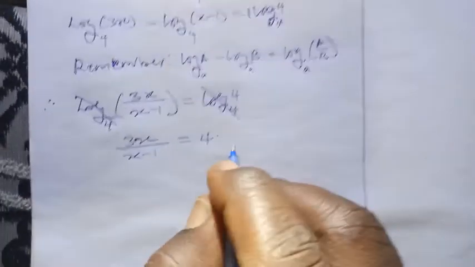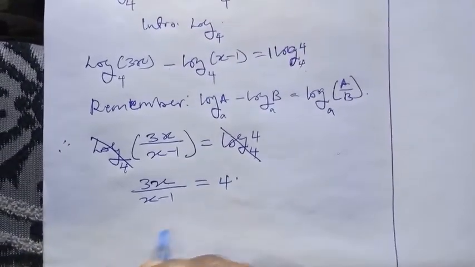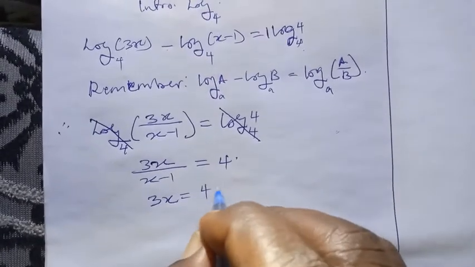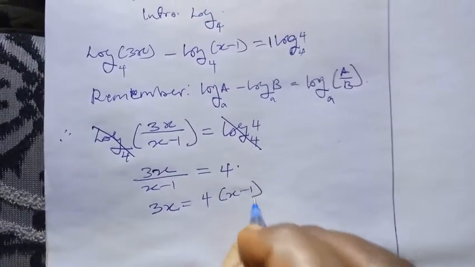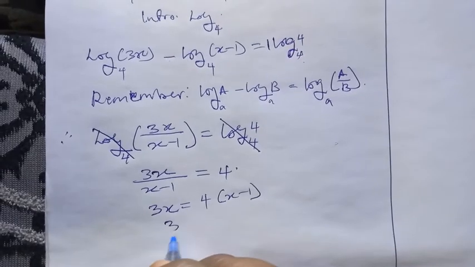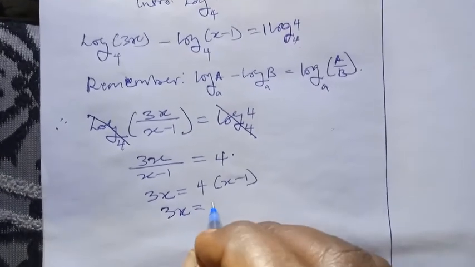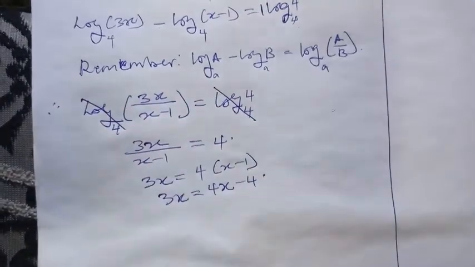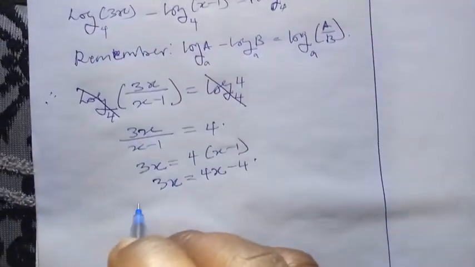I can now do a cross multiplication here, so we're going to have 3x is equal to 4 bracket x minus 1. So we have 3x, open the bracket here, we're going to have 4x minus 4. See? And so we have to collect like terms.